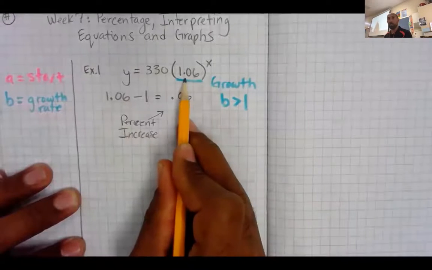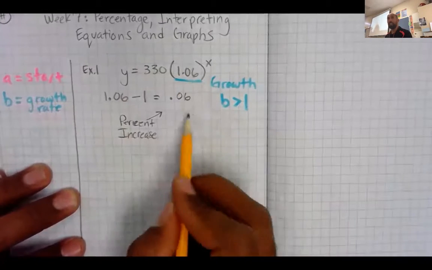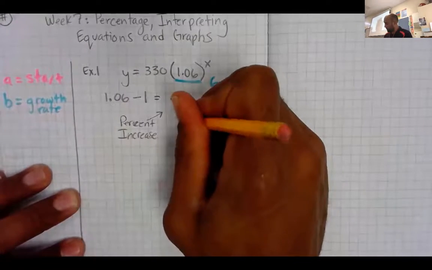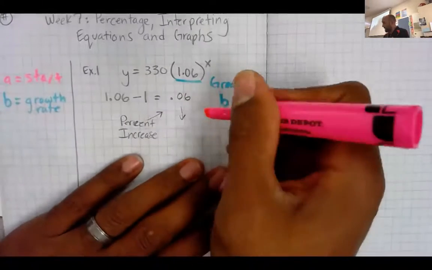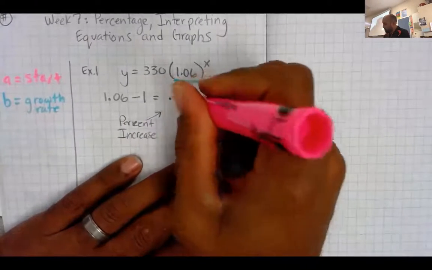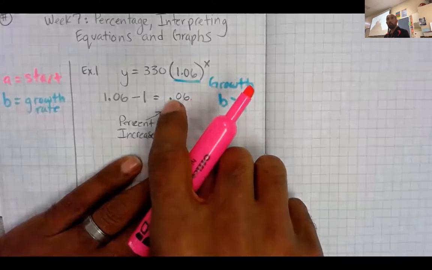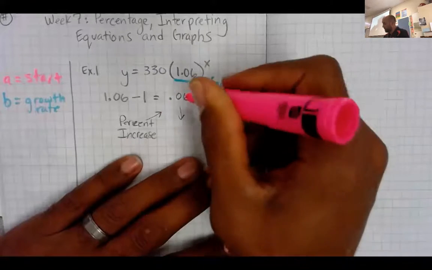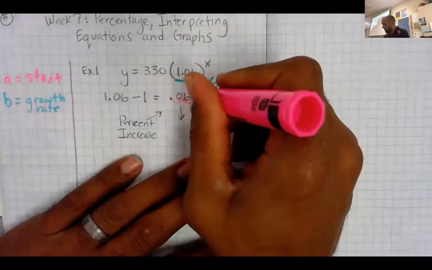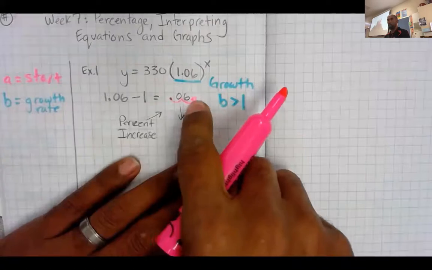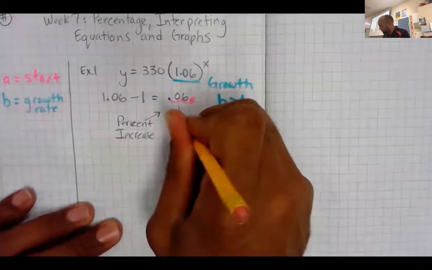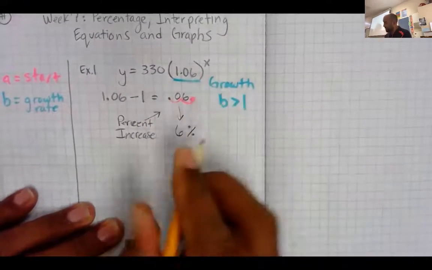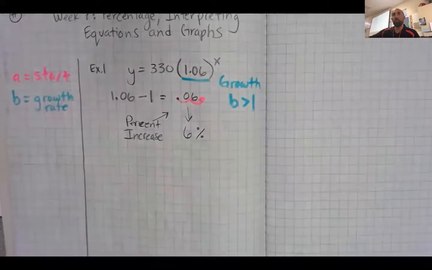Because again, remember, this is growth, so that's my percent increase, but I got to convert it to a percent. In order to convert it to a percent, I am going to move the decimal 2 spaces to the right. So I go 1, 2. So the decimal is after the 6, which makes it a whole number of 6. So the percent increase is 6%.